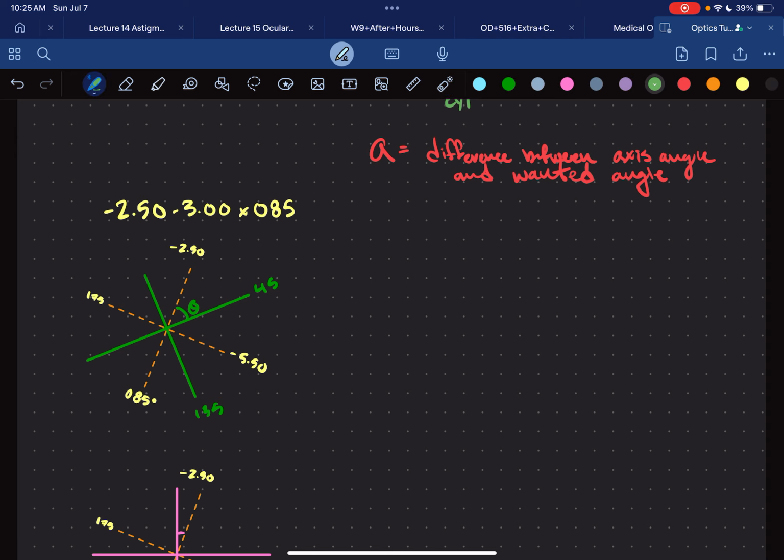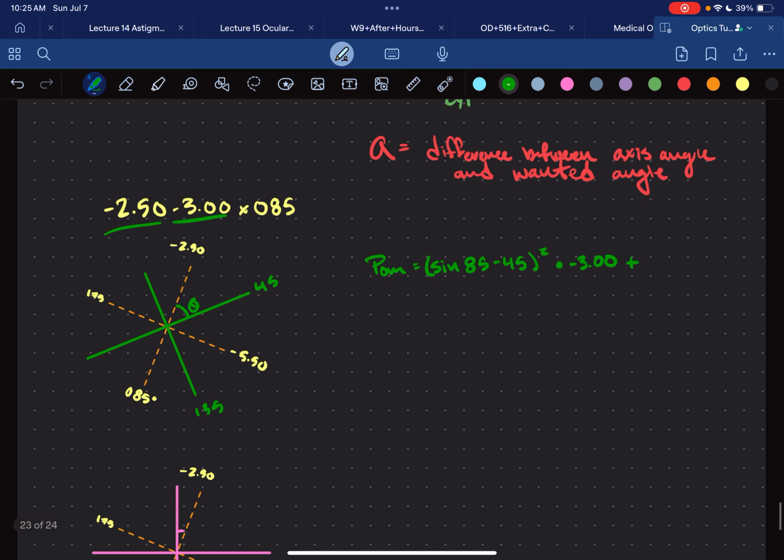We have this prescription: minus 2.50, minus 3, axis 85. And we're trying to find what is the power on the 45, on that oblique angle. So the power of that angle is equal to sine squared of 85, because that's our axis, minus 45, times our cyl, minus 3, plus our sphere, minus 2.50.